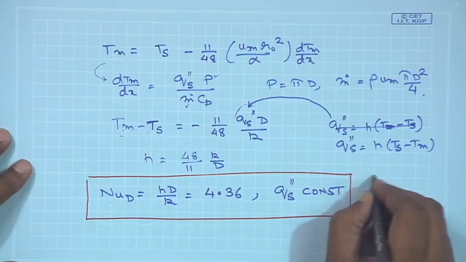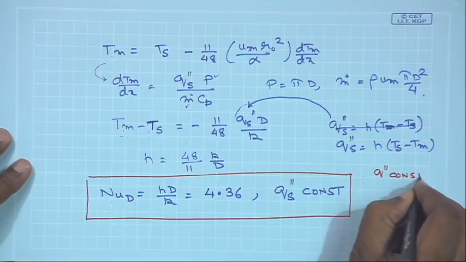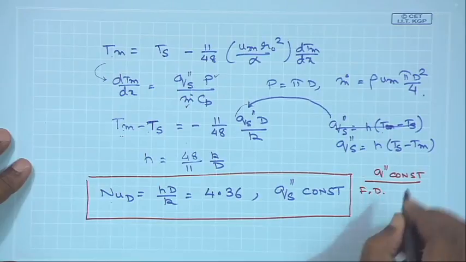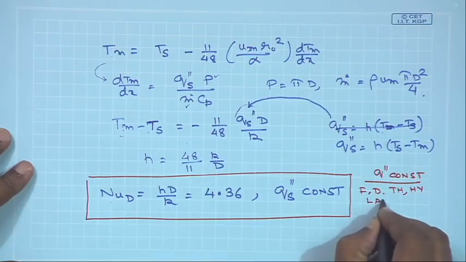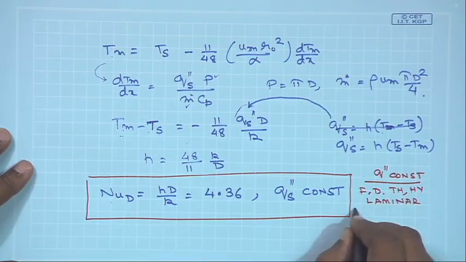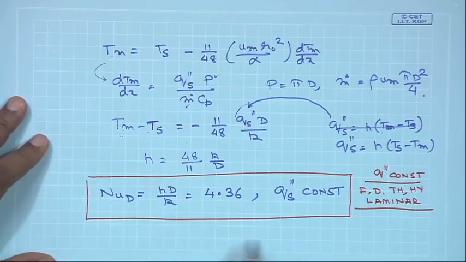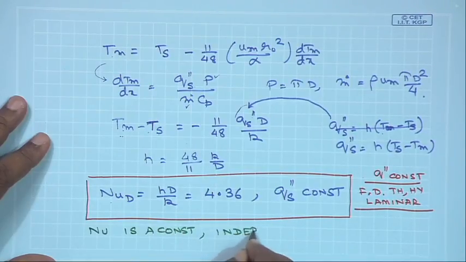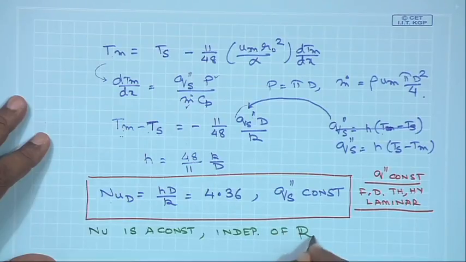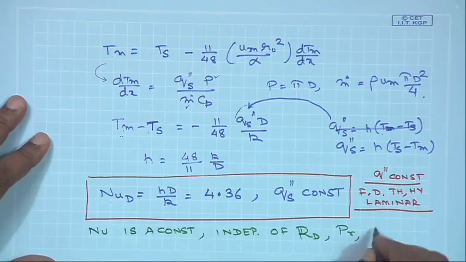So, for the uniform q s constant case, fully developed both thermally and hydrodynamically, and if it is laminar, if you make all these assumptions, what you would get is the Nusselt number is a constant, independent of Reynolds number based on diameter, as long as you are within the laminar flow range, independent of Prandtl number and independent of axial location.